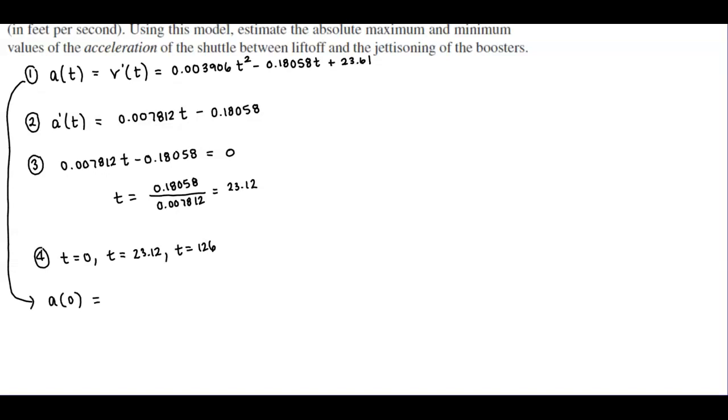So that's going to equal 0.003906 times 0 squared minus 0.18058 times 0 plus 23.61. Well, that gives us 23.61. And so a of 0 is going to give us 23.61 feet per second squared.